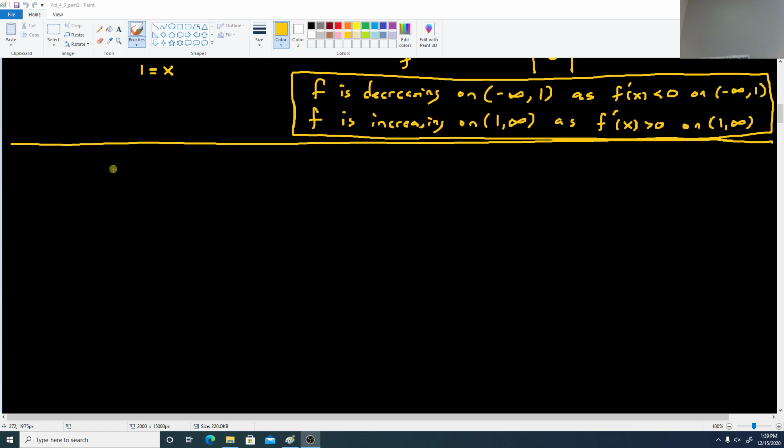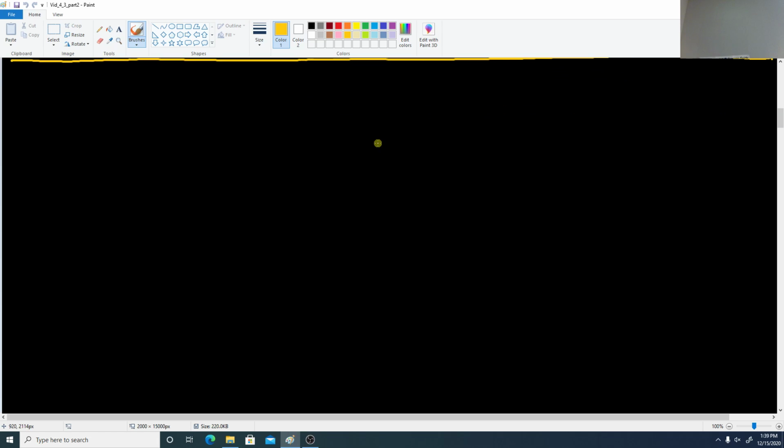Okay, so to finish the section up, we're going to get one more theorem, and then we're going to apply a couple examples, and that should do it. So we're going to get this theorem called the first derivative test.